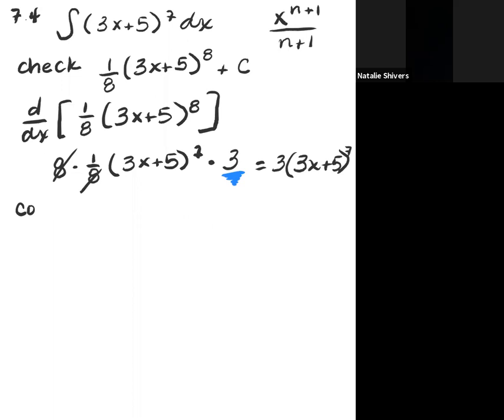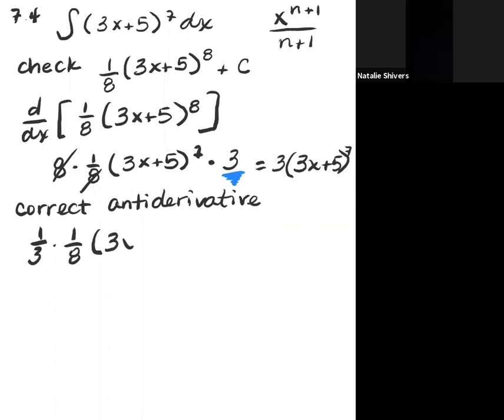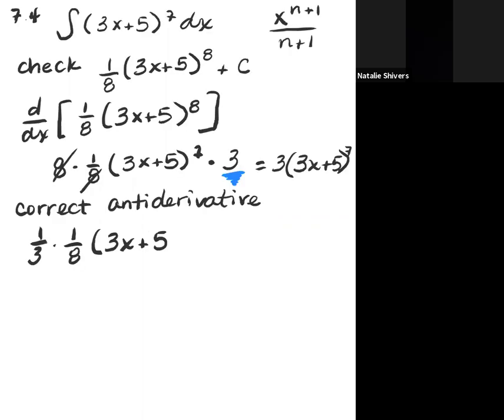So my correct antiderivative is going to take 1/3 times 1/8 (3x+5)^8 plus c, which does simplify to 1/24 (3x+5)^8 plus c.